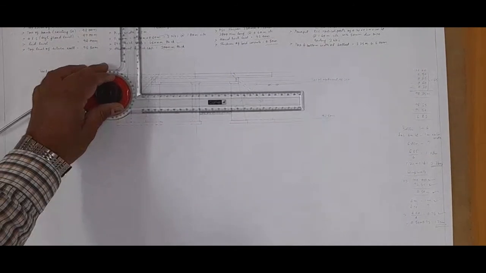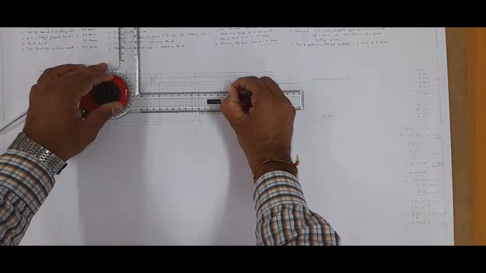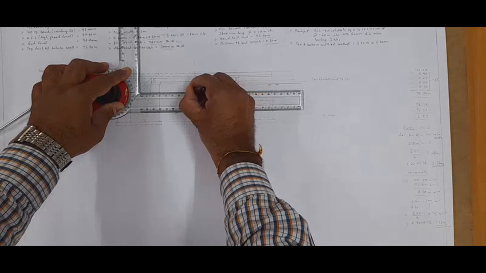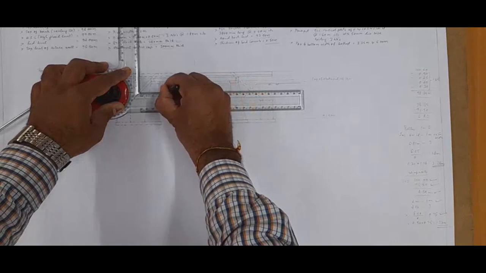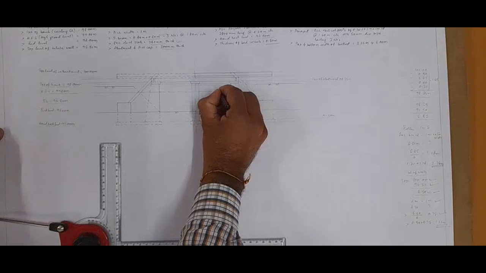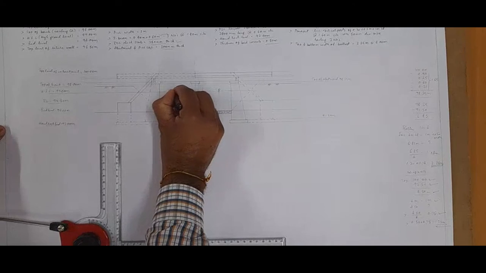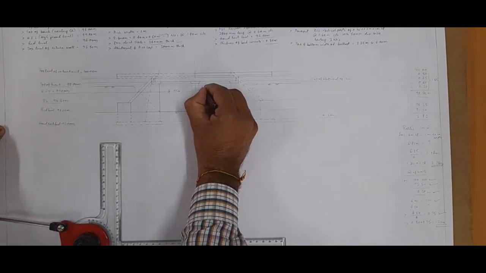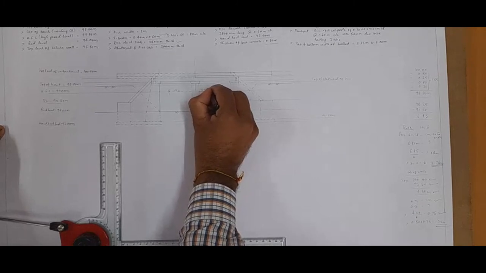Then we shall indicate the high flood level here, HFL. HFL is 97 meters. We completed drawing the bed protection work and HFL.